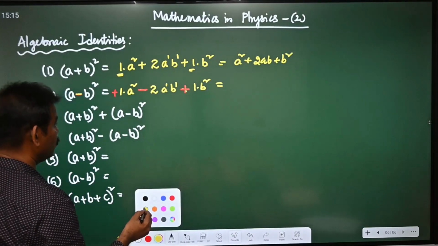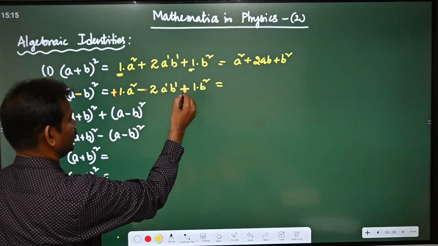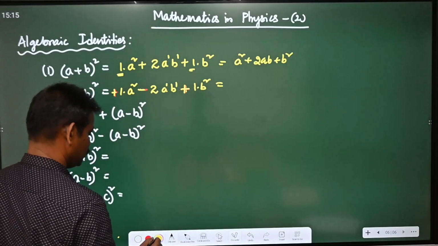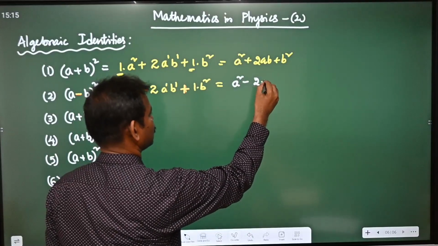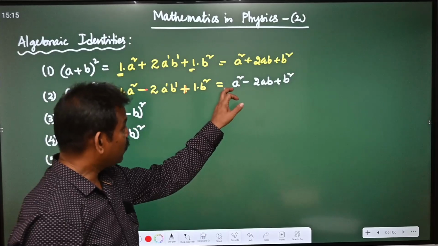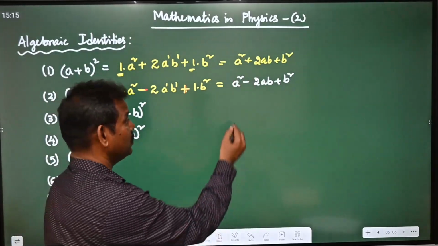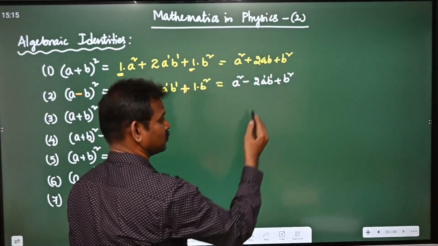So alternative positive negative terms should be written in this a minus b whole square expansion. So we can write this as a square minus 2ab plus b square. Once again I am telling, positive followed by negative, then followed by positive. If you follow that: a square, a power 1, a power 0, b power 0, b power 1, b square.